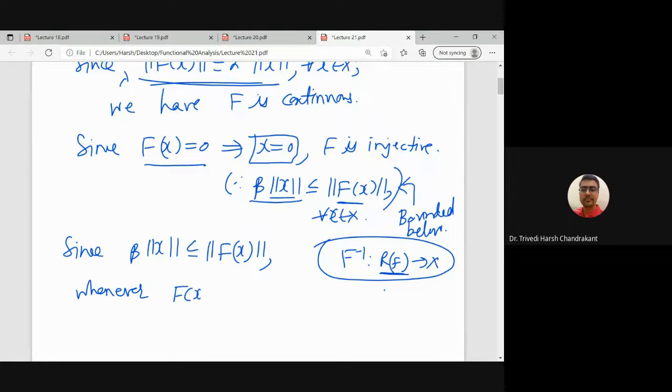Whenever fxn, a sequence in the range, converges to fx, we need to show that f inverse of the sequence converges to f inverse of fx.